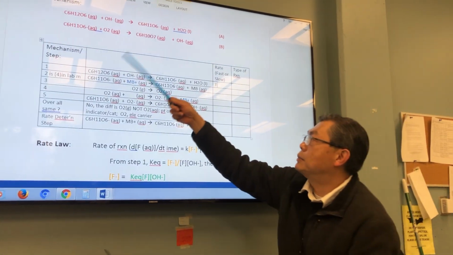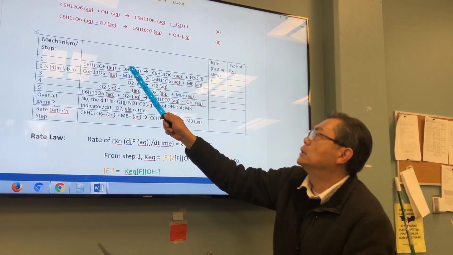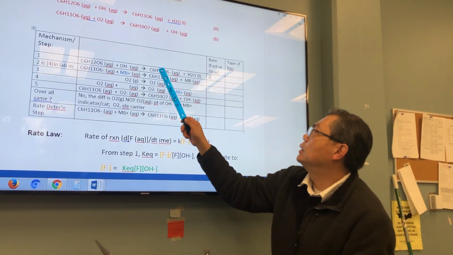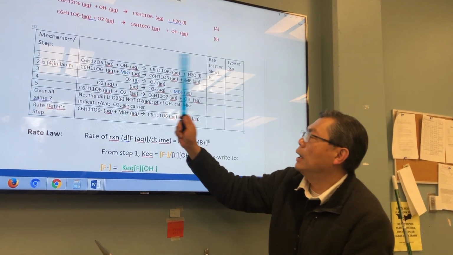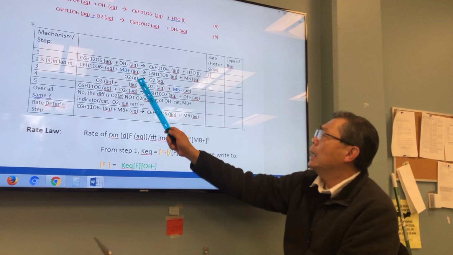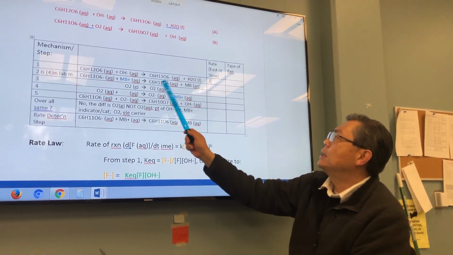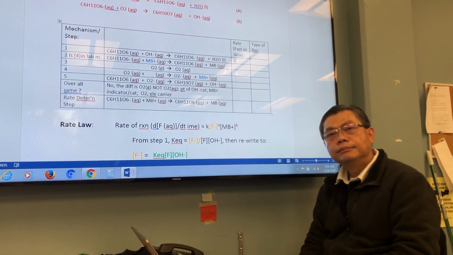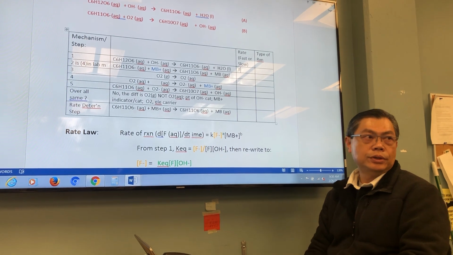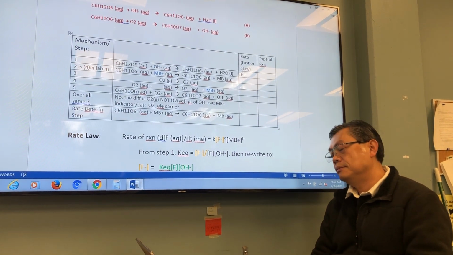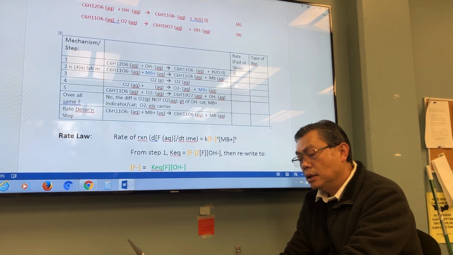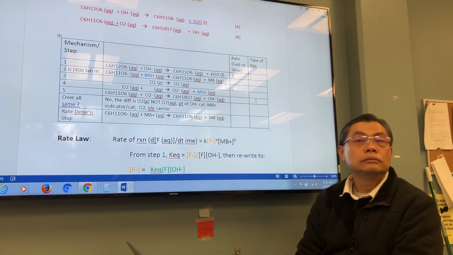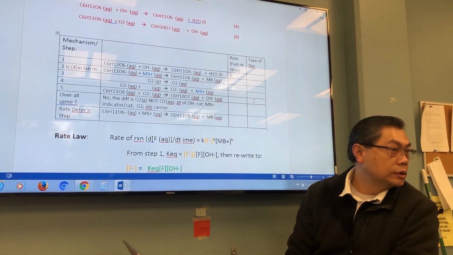Then you do the experiment again, but with just the fructose and hydroxide first. Let it run for 3 minutes, make sure they got the anion, then you add the methylene blue. So the difference would be this step. This one is a little bit longer, so that one is a little bit faster. So we did do an experiment to observe. What kind of reaction is this?